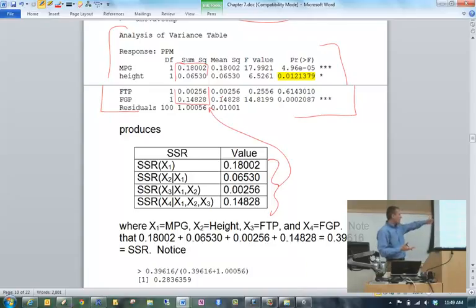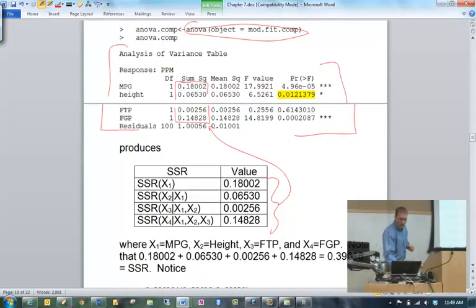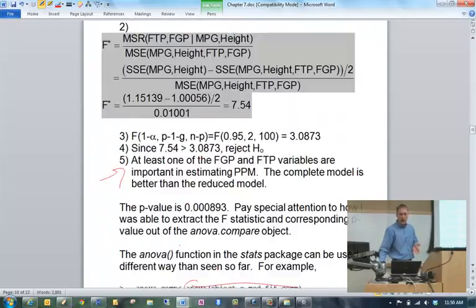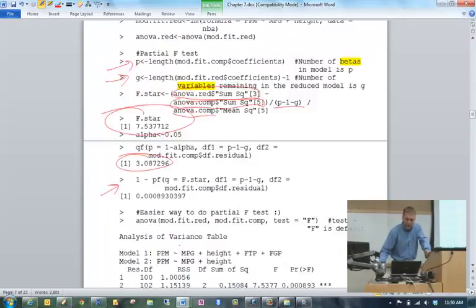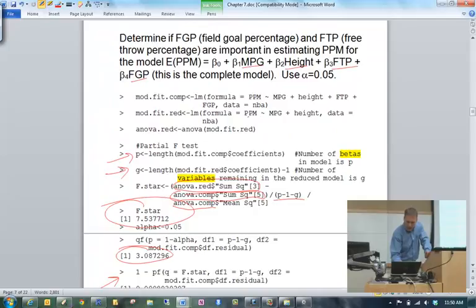And notice the ordering that things go, where I'm saying x1 is MPG, x2 is height, x3 is free throw percentage, and x4 is field goal percentage. This corresponds to the ordering that I used when I actually estimated the model.